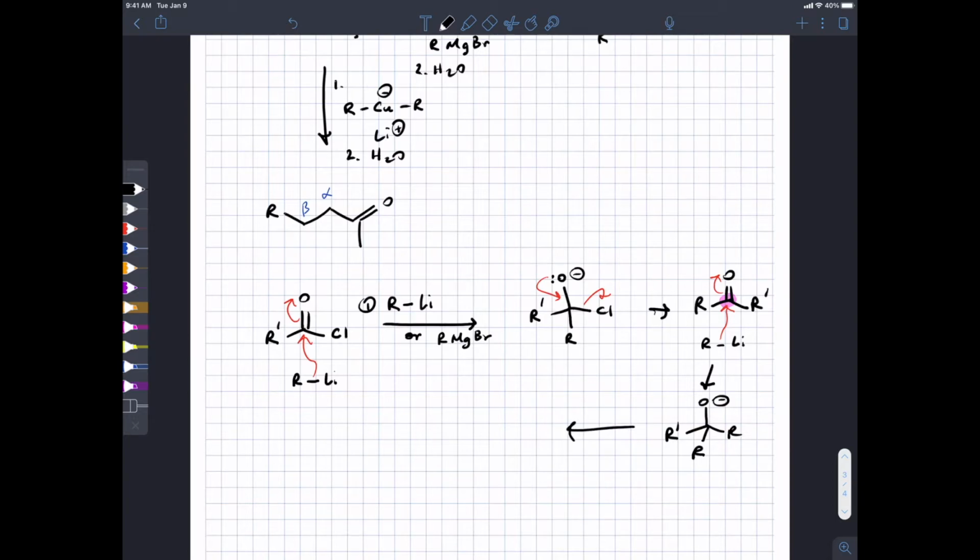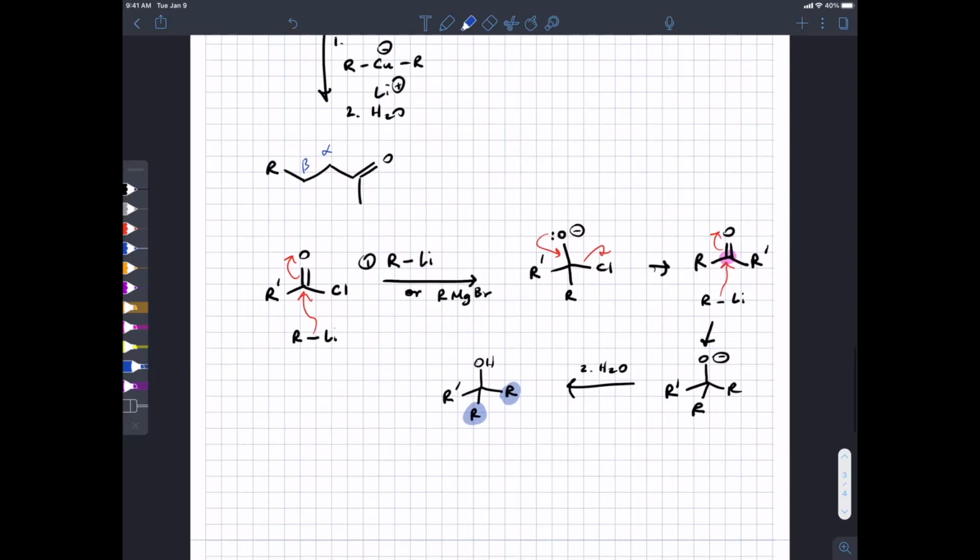So there you're stuck until the aqueous workup step, wherein you protonate the oxygen and you get an alcohol. But it's not only an alcohol, it's a tertiary alcohol where 2 of the 3 things on that carbon are the same. So this kind of thing is exactly analogous to what we did, say, with an acid chloride or an ester when we use lithium aluminum hydride. You can't stop after one equivalent. You have to go all the way. Does that make sense? You see the analogy?